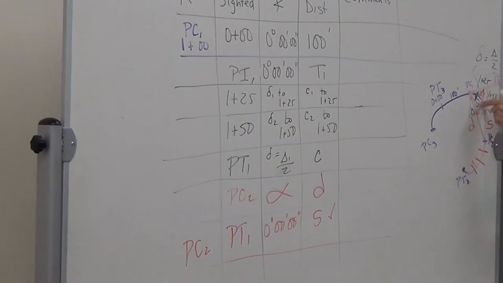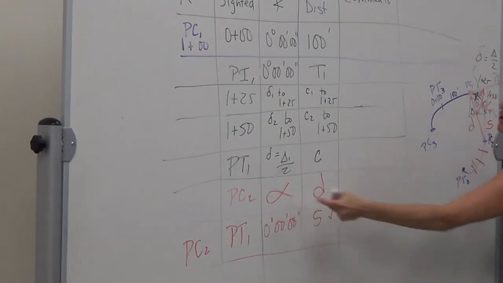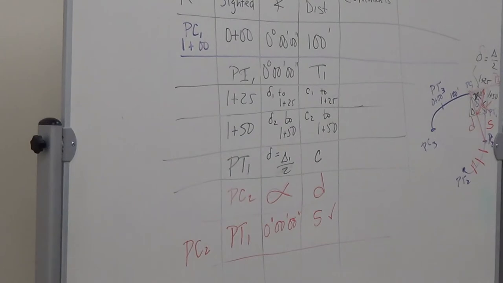And that's the horizontal angle, and I'm going to write it in my field book, because that's the horizontal angle I'm going to turn. That horizontal angle is not a deflection angle, it's not an interior angle, it's just an arbitrary horizontal angle that I want to know. Between the angle PI1, PC1, PC2.